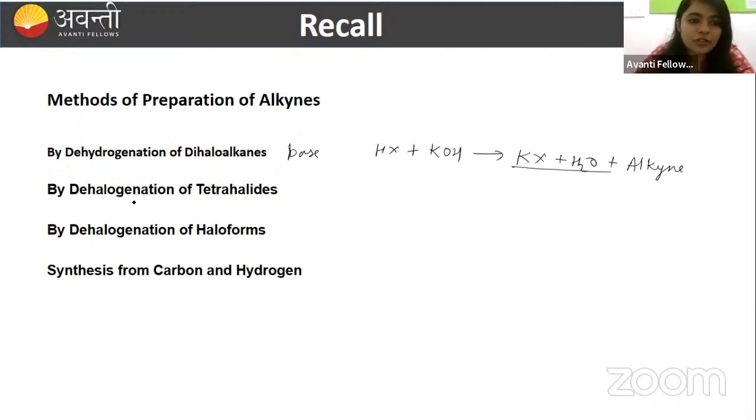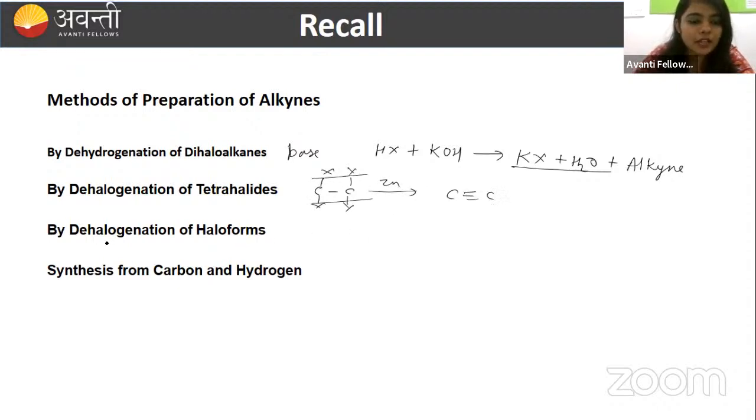Then by dehalogenation of tetrahalide, if you have tetrahalides with this kind of skeleton, then you can take zinc and remove these 2 halogens and form your alkynes.